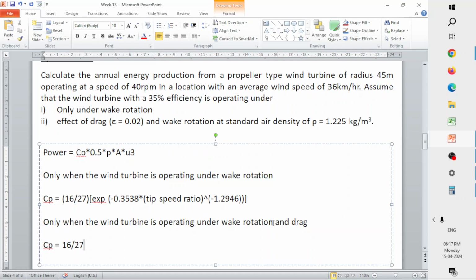16/27. This 16/27 is nothing but the Betz limit, so please keep it in mind. Exponential of minus 0.3538 times tip speed ratio, minus 1.2946.